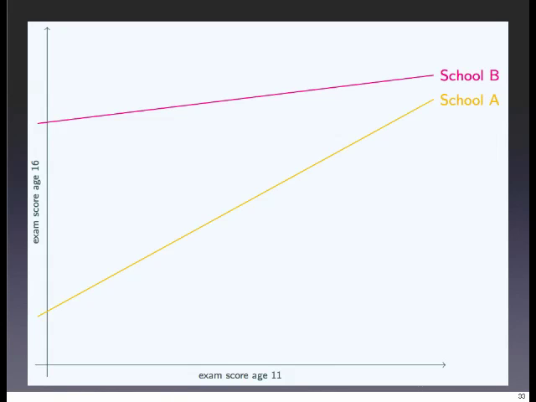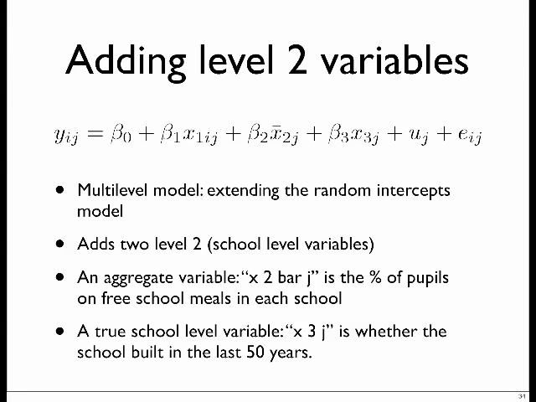But what this also allows you to do when you've got multi-level is to add level 2 variables. In this case, these would be school level variables. So for example, as well as having how you do now in an exam versus how you did when you were 11, you could add the percentage of people on free school meals, this aggregate measure based on the pupils aggregated to the school level, or something about whether the school was built in the last 50 years, so something about the school itself.